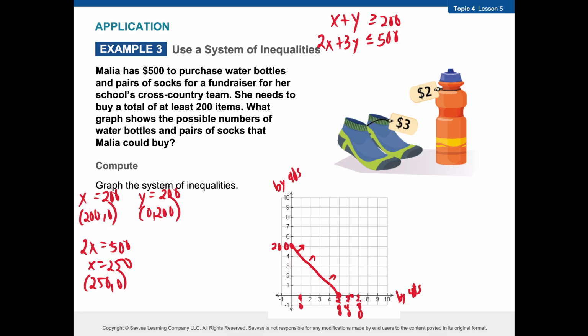So 250 would be right about here. And then my 3y equals 500. It is going to give you a decimal, so just kind of round. 500 divided by 3 is 166.7, so about 167. This is about 160 here, so right about there.